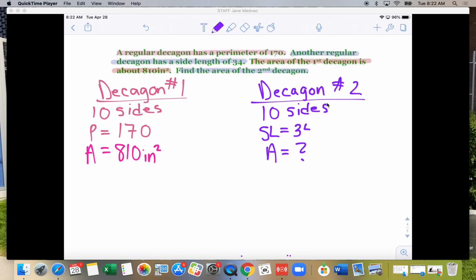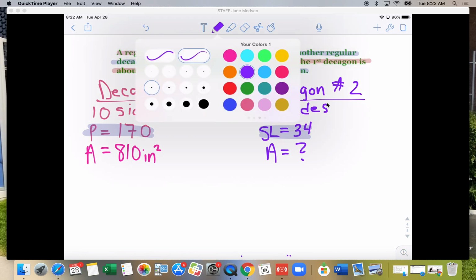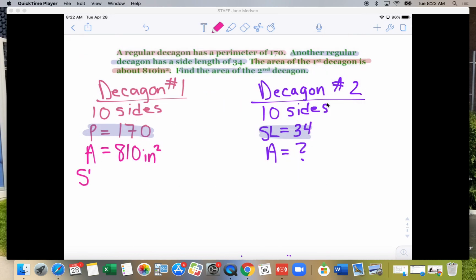What causes a problem for us in this problem is you're going to notice they gave you the perimeter here, and they gave you the side length here. Okay, and so what we need to do on this is we either need to take the first decagon and find the side length on that, or we need to take the side length on the second decagon and find the perimeter. In other words, what I could do on the first figure is to find the side length.